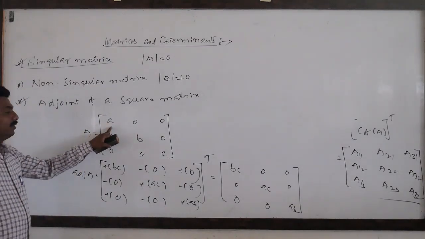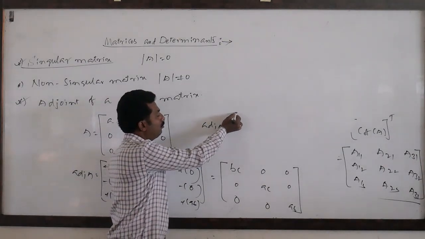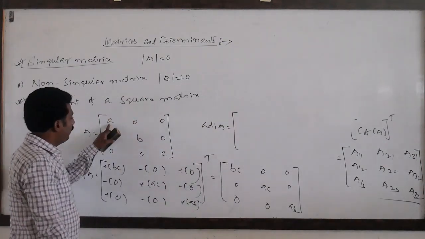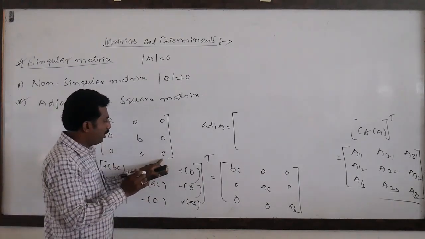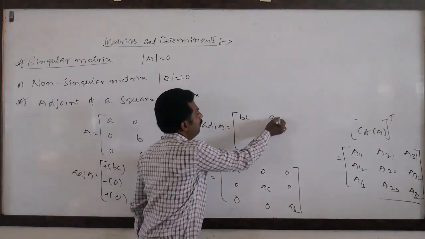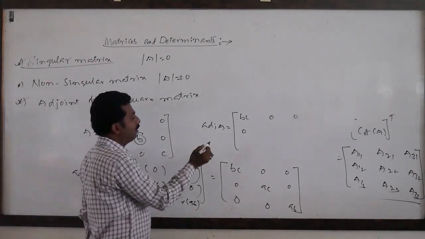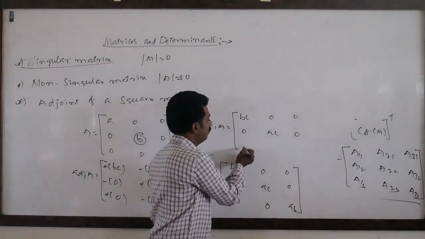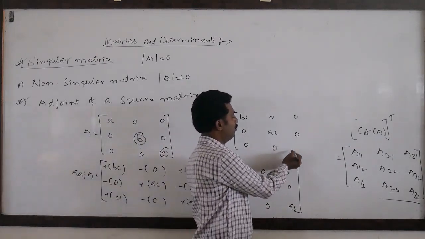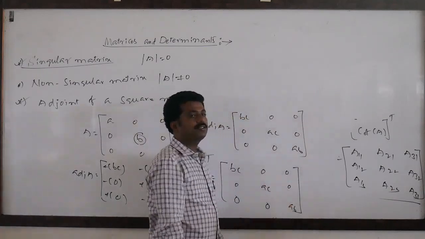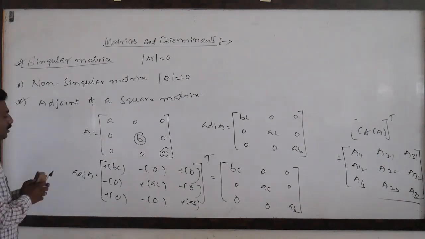If A is a diagonal matrix, how to write the adjoint directly? First, in the first place, the product of the other two elements BC, then 0 0. In the second place, the product AC, then 0 0. In the third place, the product AB. Whenever a diagonal matrix is given, its adjoint is like this.